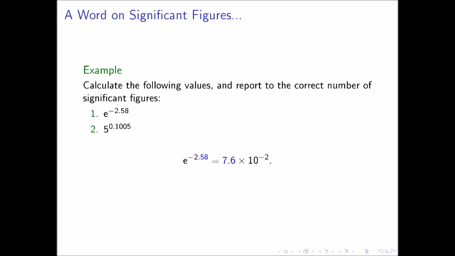For the first value, e to the negative 2.58, notice that we have 2 decimal places in our exponent. This means that our exponential value, 7.6 times 10 to the negative 2, has 2 significant figures. Next, when we raise 5 to the 0.1005 power, we have 4 decimal places in our exponent. This means that our result, 1.176, will have 4 significant figures.